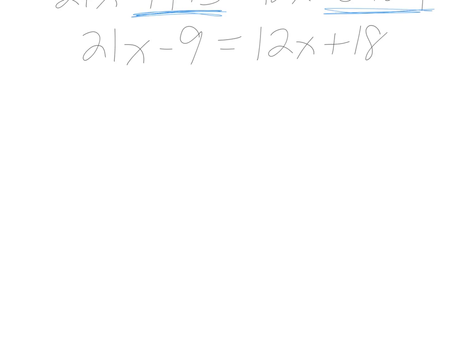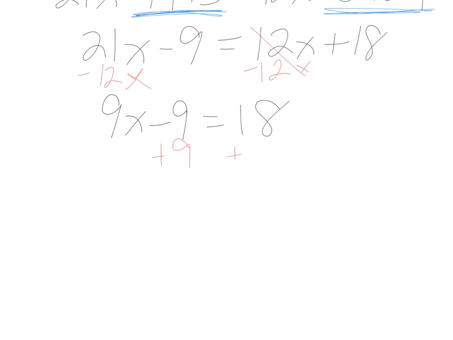I can move my 12x over. It's a positive 12x, so the opposite is minus 12x. 21 minus 12 is 9x minus 9 equals 18. And then add 9.